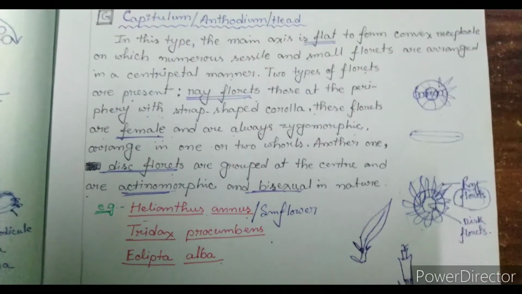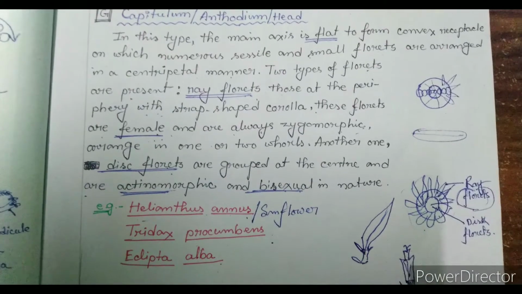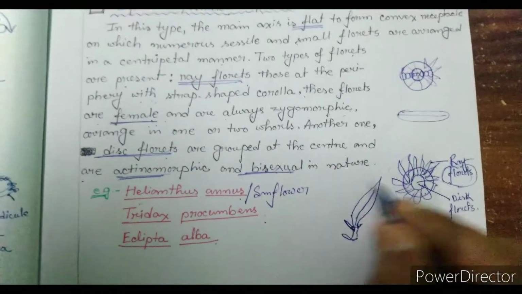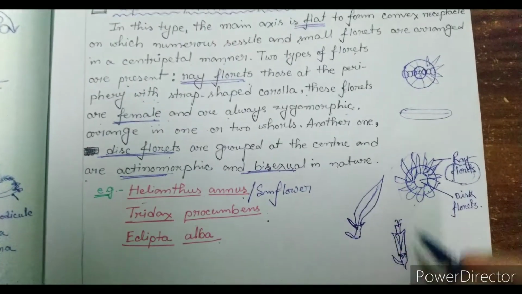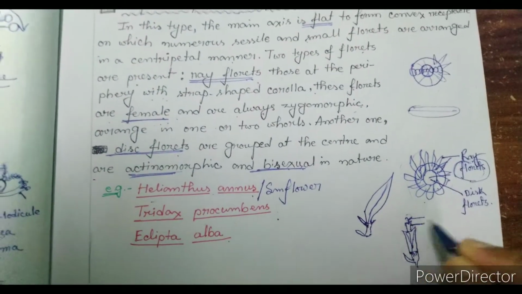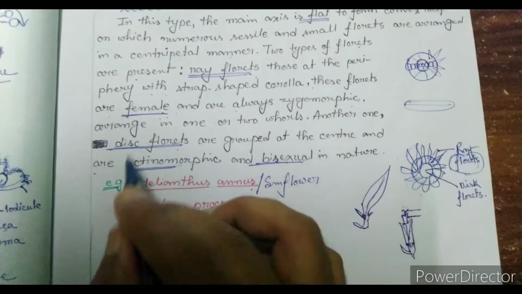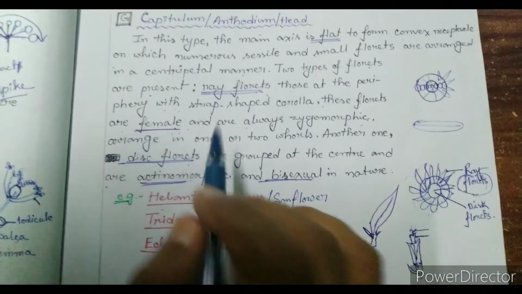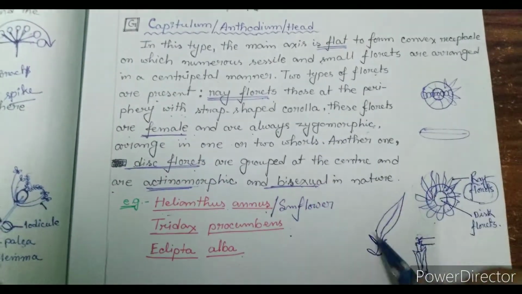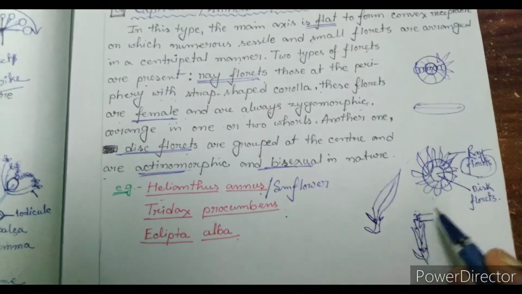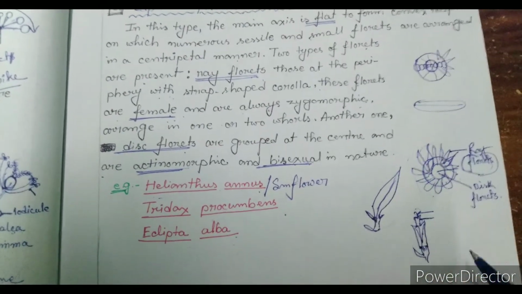So this is the disc floret and this is the ray floret. Ray florets are always female flowers and always zygomorphic, while disc florets are actinomorphic and bisexual.